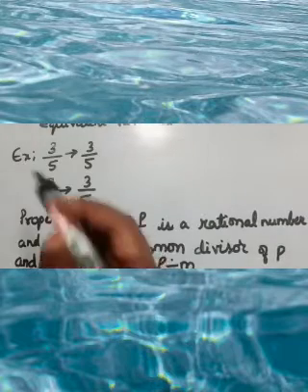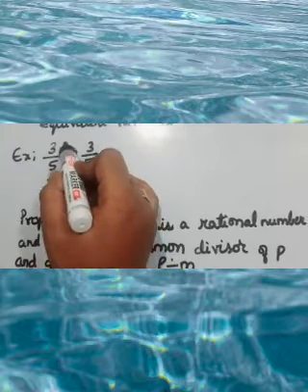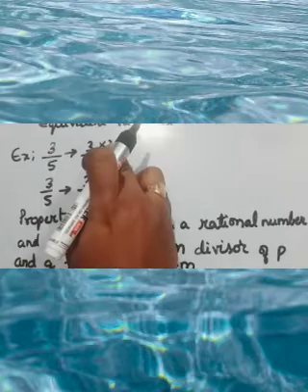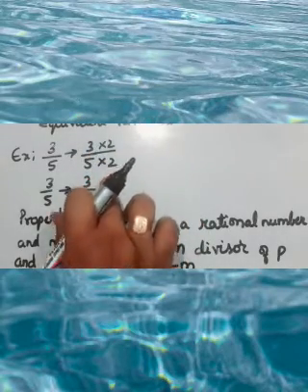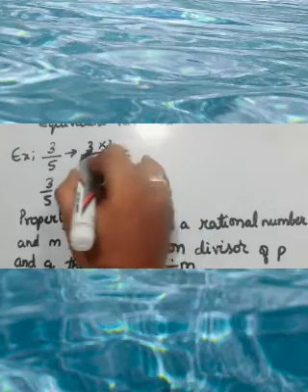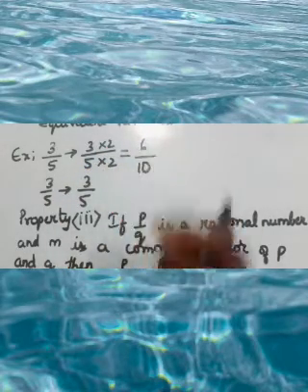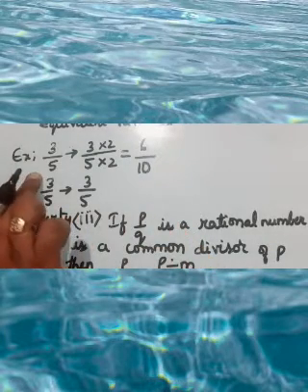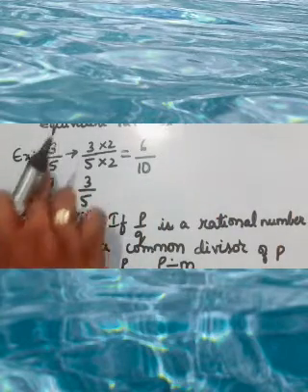Children, here are some examples. 3 by 5. Here, if I take the rational number 3 by 5 and multiply the numerator with the integer 2, I have to multiply the same integer in the denominator, so that you get 3 2s are 6 and 5 2s are 10 in the denominator, which is called the equivalent fraction or equivalent rational number for 3 by 5.